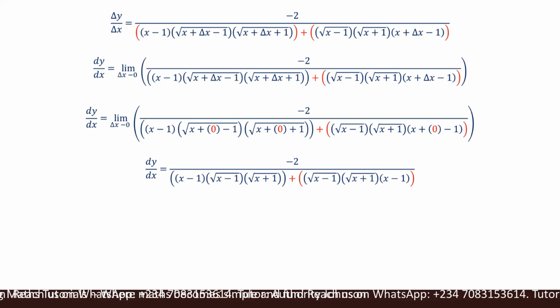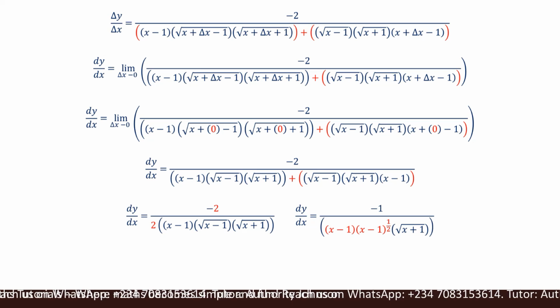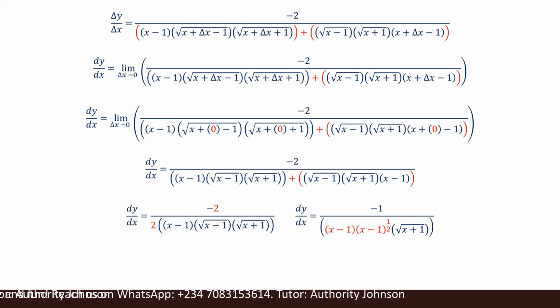So we can simply say 2 of x minus 1 in bracket, square root of x minus 1 in bracket, square root of x plus 1 in bracket. So these 2 here in the denominator, we cancel the 2 in the numerator. We are simply going to have minus 1 all over x minus 1 in bracket, square root of x minus 1 in bracket, then square root of x plus 1 in bracket.